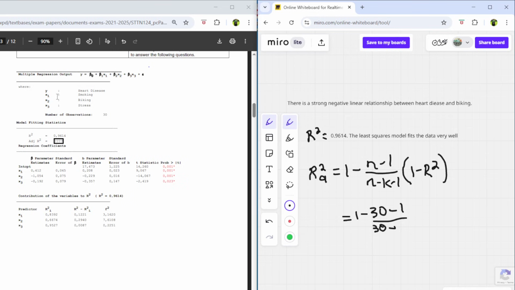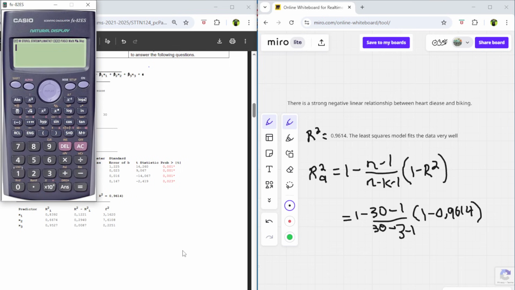In this case, we have x1, x2, and x3: smoking, biking, and stress. So it's 3 independent variables. Then 1 minus r squared, and we already have r squared here, 0.9614. Then you just go to your calculator and get that answer.